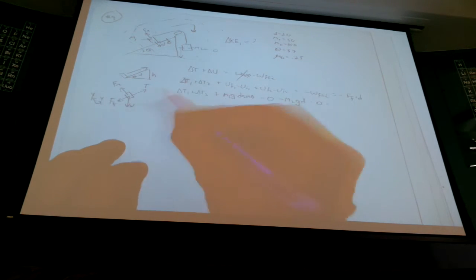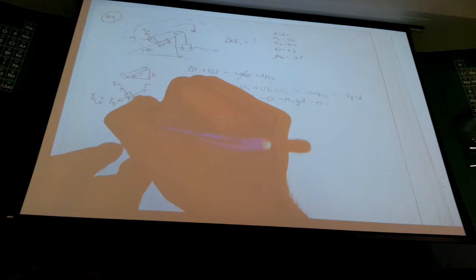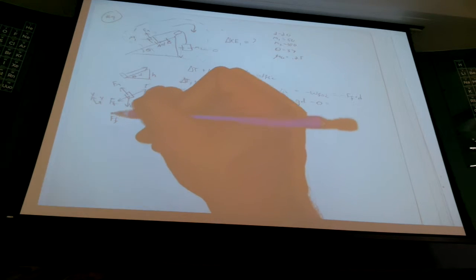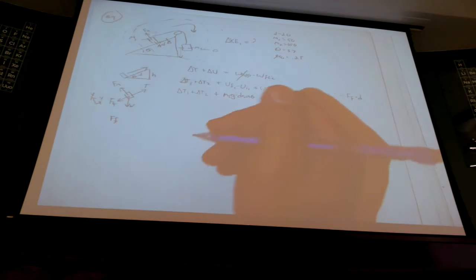You have to use the x components to find out what the frictional force is. mg cosine?